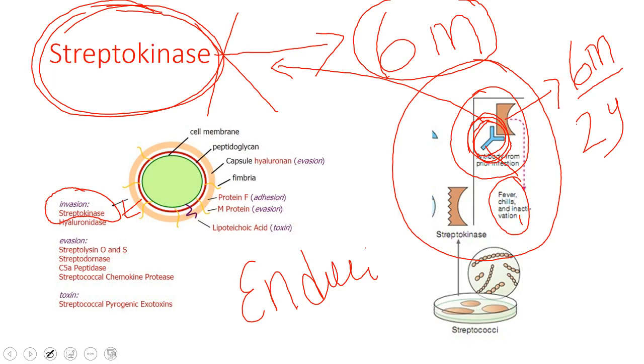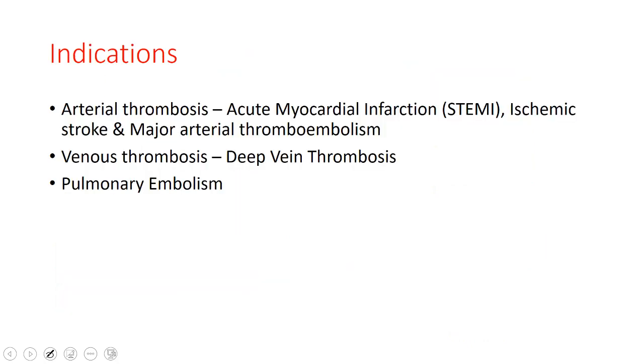So these are some of the clinical implications because of the origin of streptokinase from a microorganism. In general, thrombolytics are indicated for major arterial and venous thromboembolic disorders, such as, in case of arterial, as in the present case, myocardial infarction, particularly when there is ST elevated myocardial infarction.